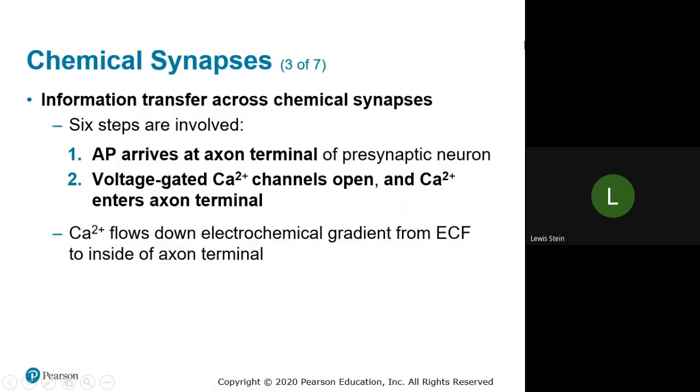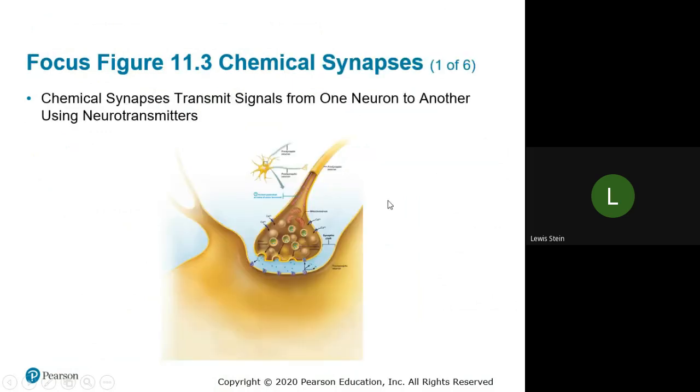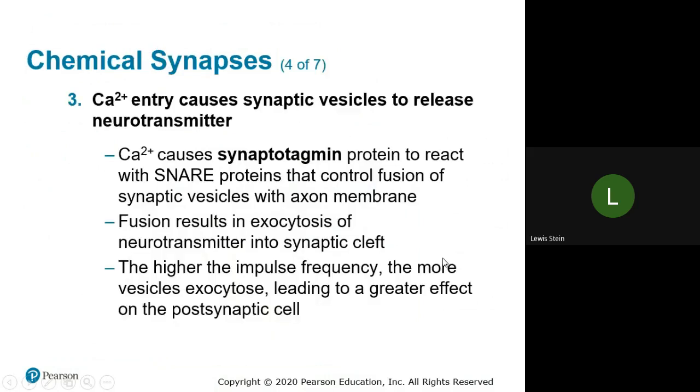Look at the steps. You've seen these are very similar to the acetylcholine steps at the neuromuscular junction. Action potential at the axon terminal, good old voltage-gated calcium channels. Calcium facilitates the fusion of the synaptic vesicles, all those wonderful v-SNAREs and t-SNAREs.